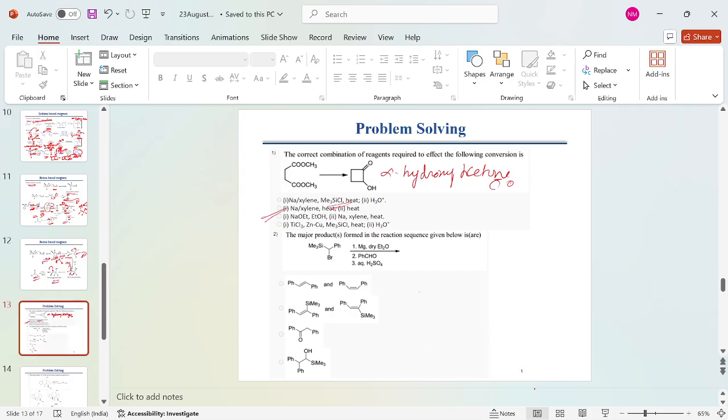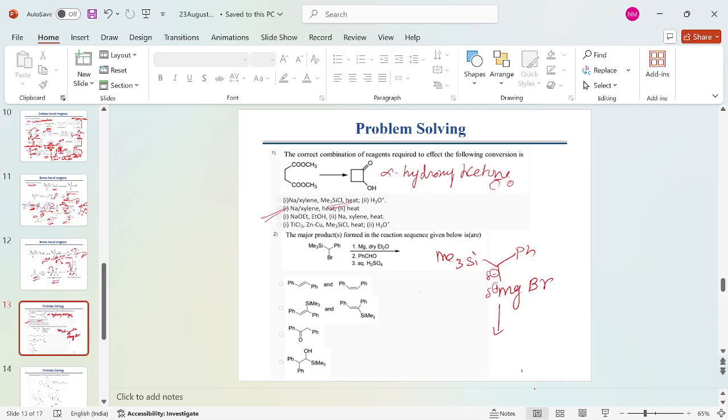Now the next question is that this, under magnesium, dry ether, will form the alkyl magnesium bromide. So Me3SiCH2MgBr will come. So this is electropositive, this is electronegative.